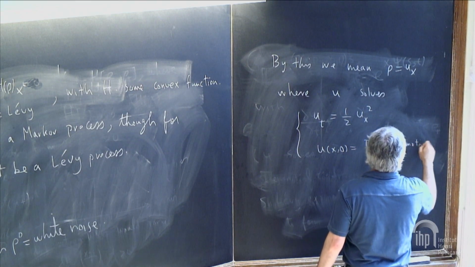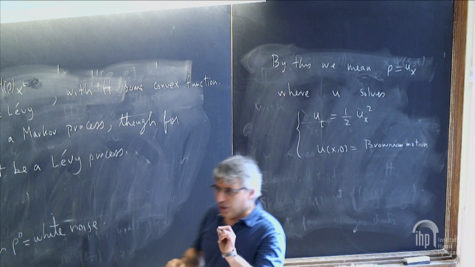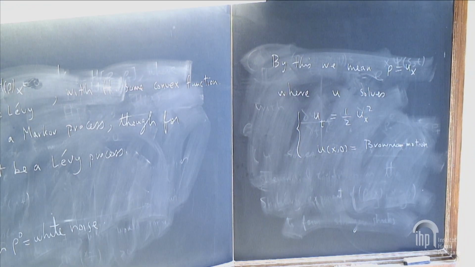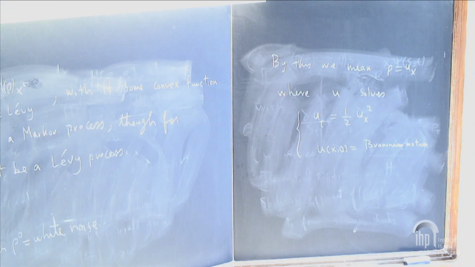But by Brownian motion, what I mean is that u at the origin is 0, on the right is a Brownian motion, on the left is Brownian motion. They are independent from each other. So it's just two-sided Brownian motion.